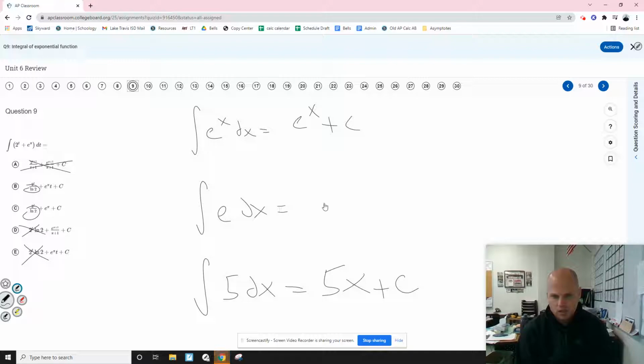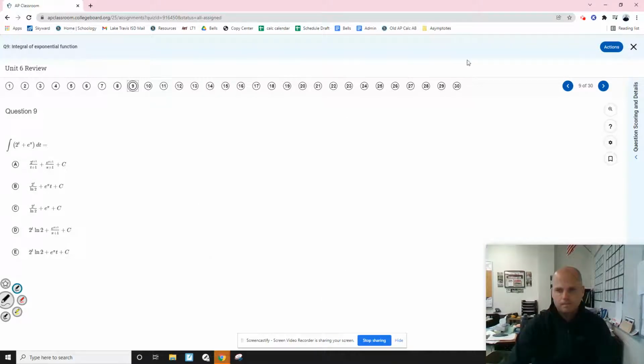The antiderivative of e is e times x. E to the pi is a number. It doesn't have a variable. So since it's a number, its antiderivative is e to the pi x, which is confusing. But tricky. Not supposed to be super confusing, just a little bit tricky, and people mess up on it.